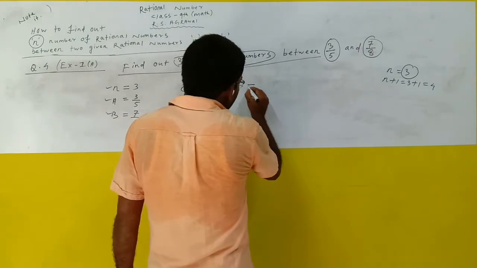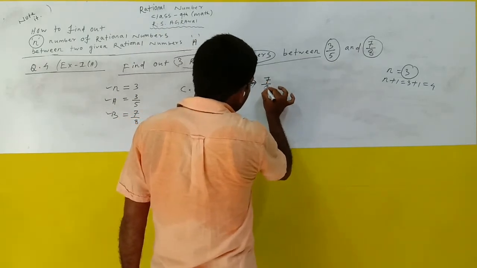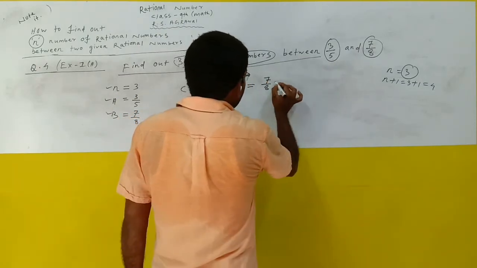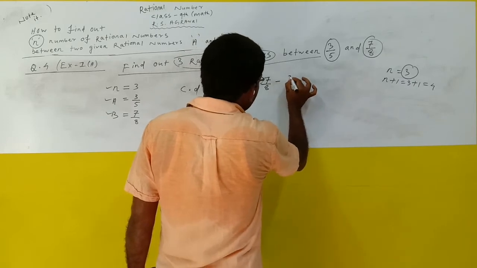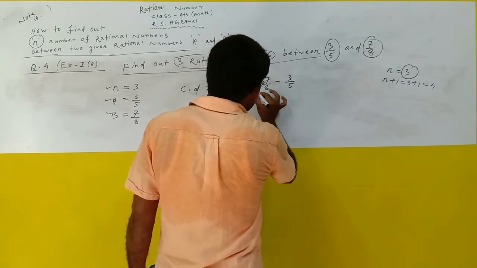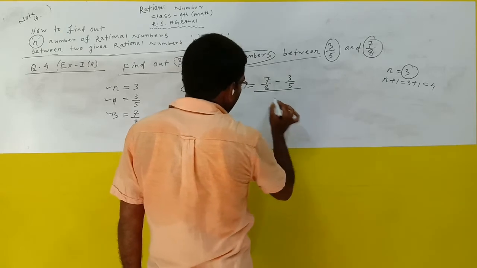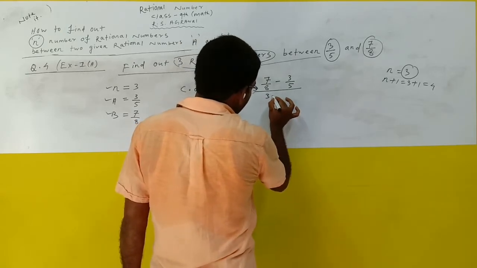So put the value of B, 7 by 8, minus the value of A, 3 by 5, divided by n plus 1, the value of n is 3, plus 1.